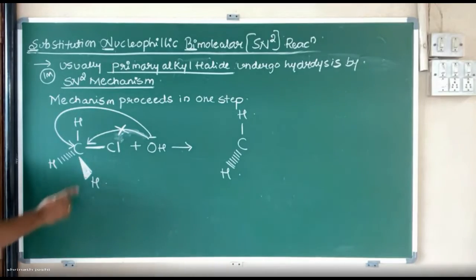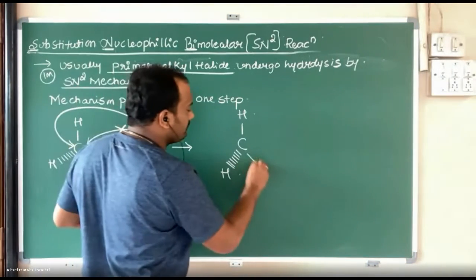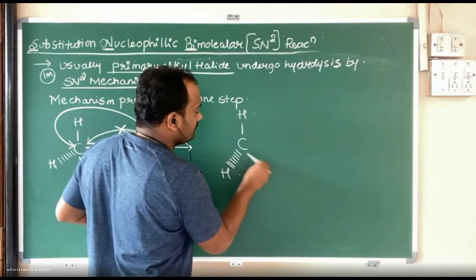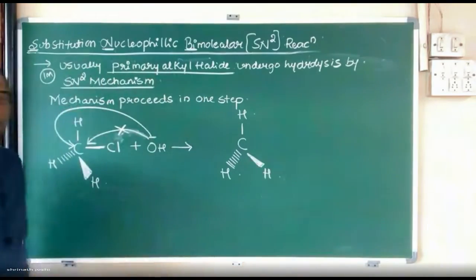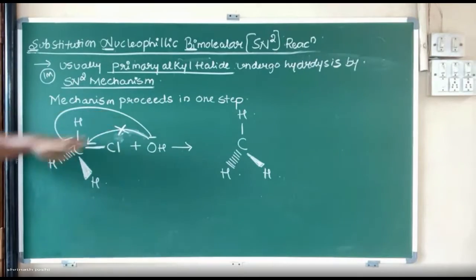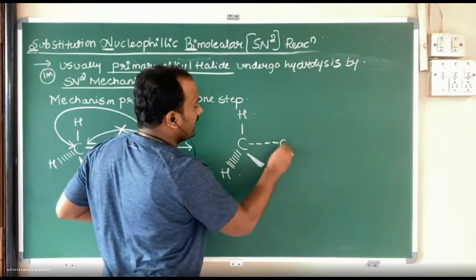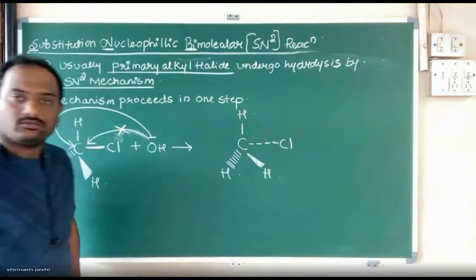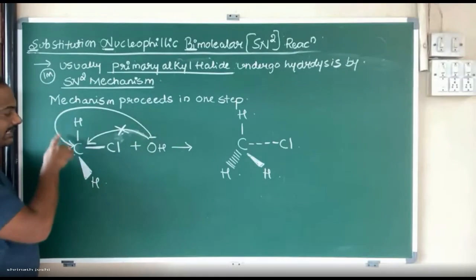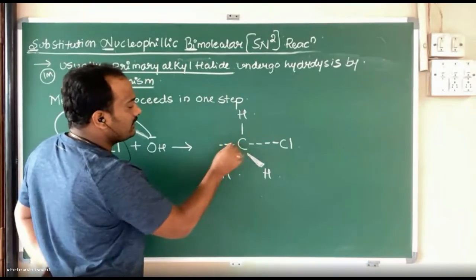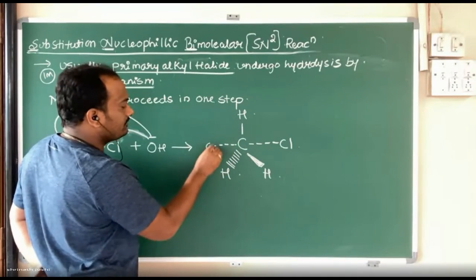No. Then is there any change in the thick line hydrogen? No. This bond, which is already old, I will write in a dotted line, because it is going to break now. This new bond between C and OH, which is attacking from the backside, I will also draw in a dotted line. Means these are not prominent bonds.